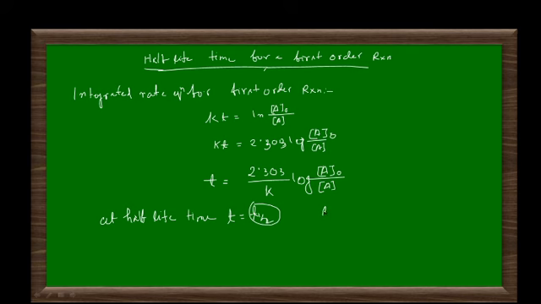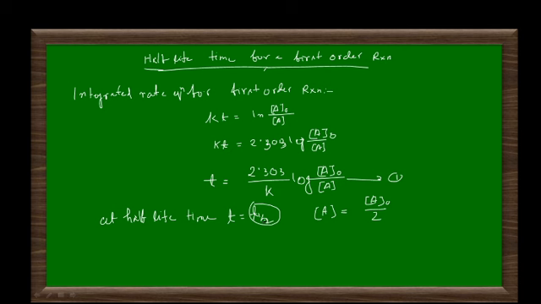Then A কিমান হ'ব, concentration of A will be equal to simply half of its initial concentration. Okay, now put this value in equation 1.